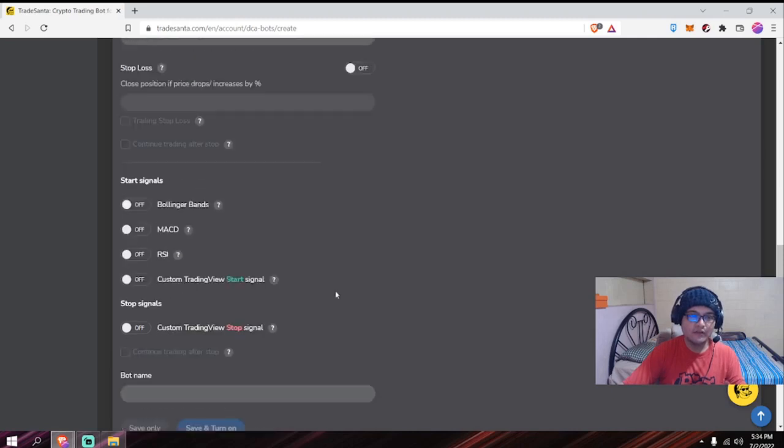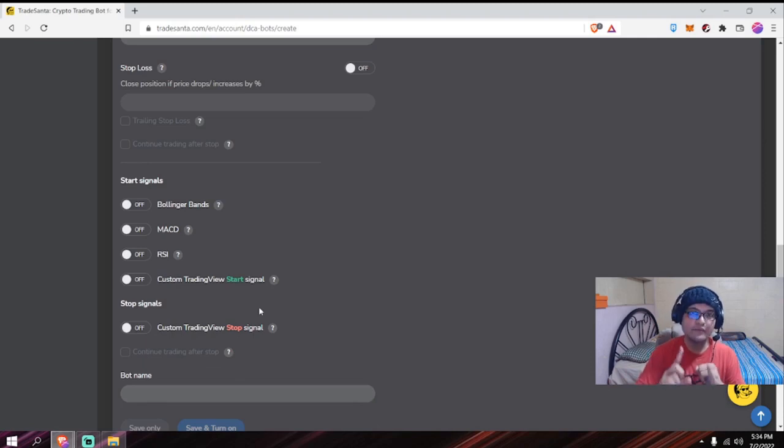You can also use start signals: Bollinger Bands, moving average convergence divergence (MACD), relative strength index (RSI), and custom TradingView start signal and stop signal from TradingView. But the problem is, when you use TradingView, you need to be subscribed.